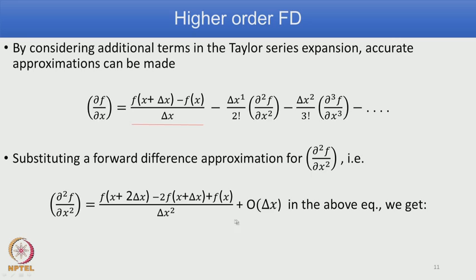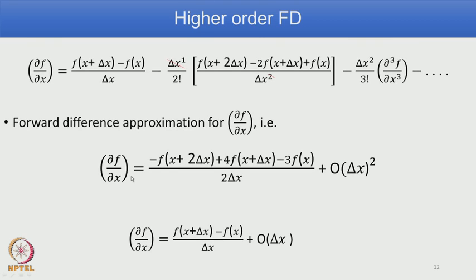If you substitute this expression for the second derivative in this equation and then simplify, you try to account for all the terms together, reorganize, then one can get the forward difference approximation for the first derivative, and that is shown here, dou f by dou x as minus f of x plus 2 delta x plus 4 f of x plus delta x minus 3 times f of x by 2 times delta x, and here the leading term that we have not considered is here.